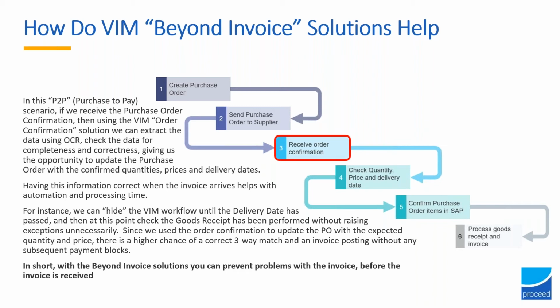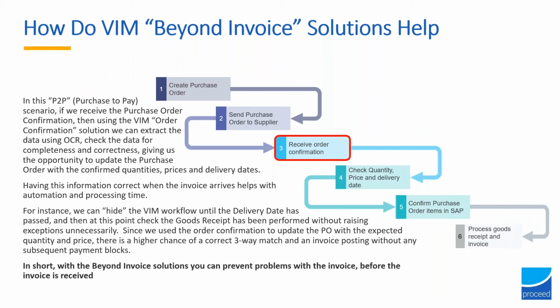So the invoice should, fingers crossed, sail through with a three-way match, and of course the holy grail of no-touch invoice processing. We wouldn't necessarily have that if we weren't doing the order confirmations and getting that commitment from the supplier on what they're going to deliver, and importantly when.